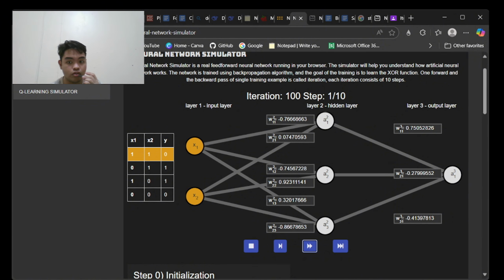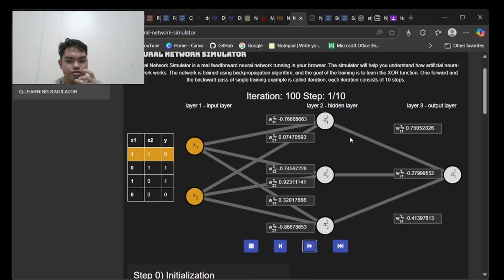For our hidden neuron, A1 over here, from the diagrams it is around 0.77.